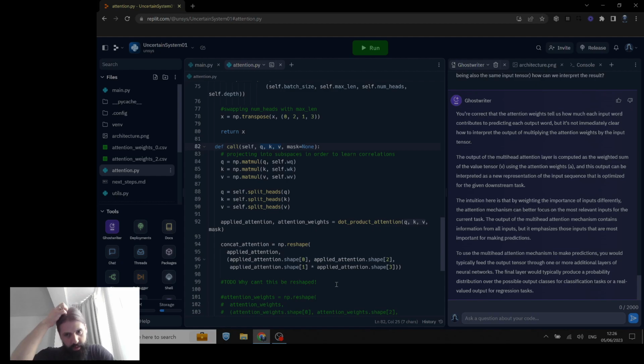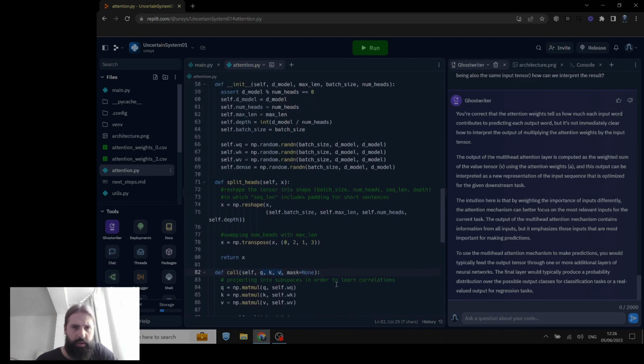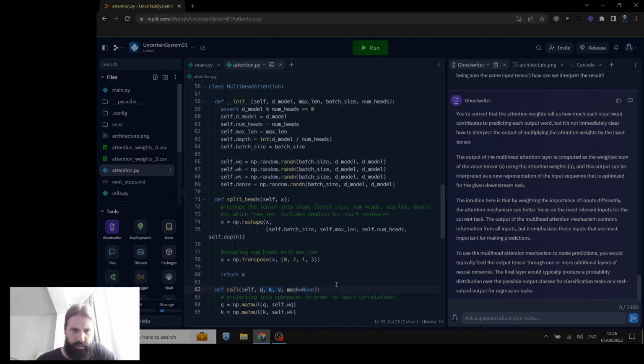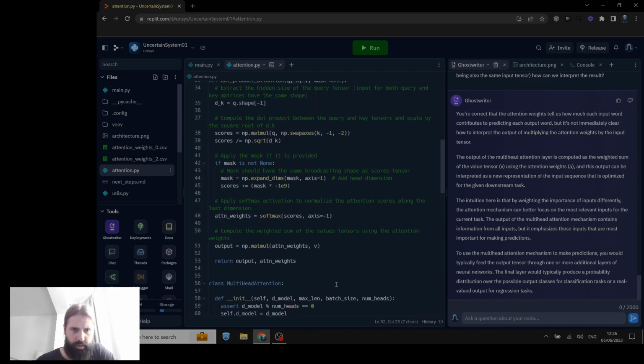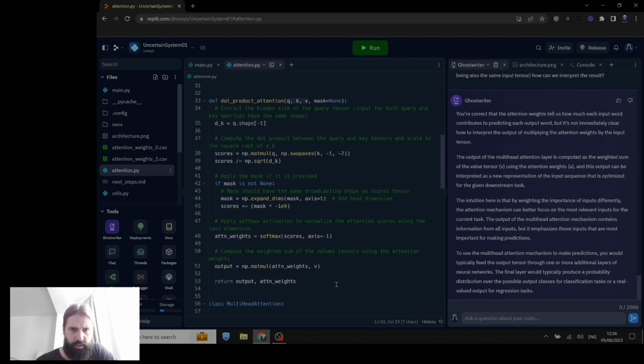So we're computing the dot product between the query and the key tensors.